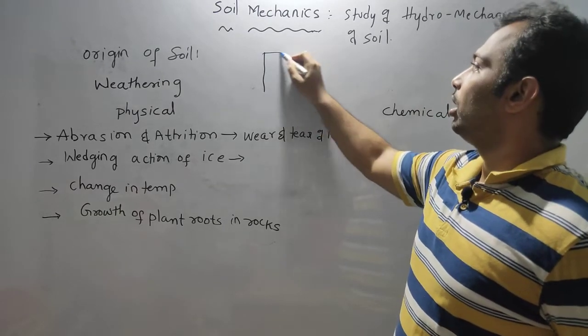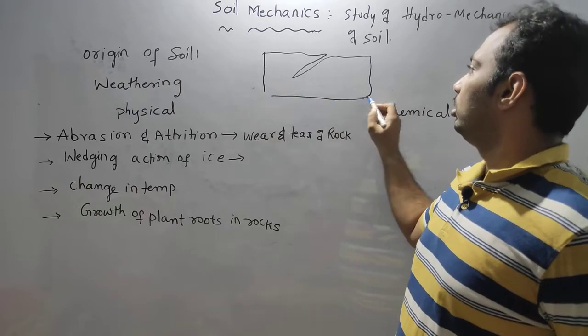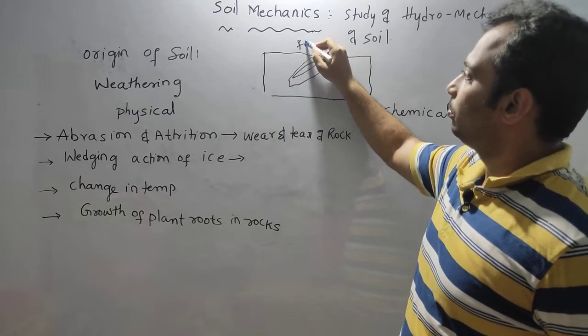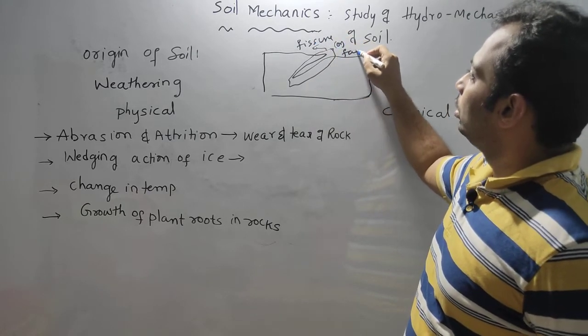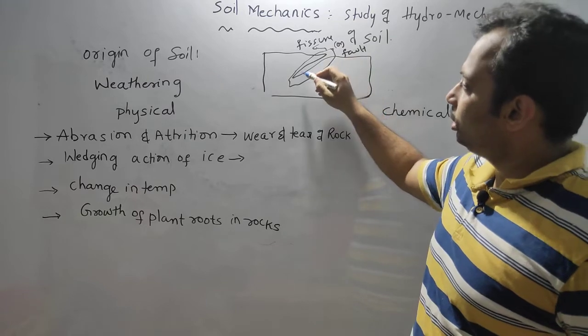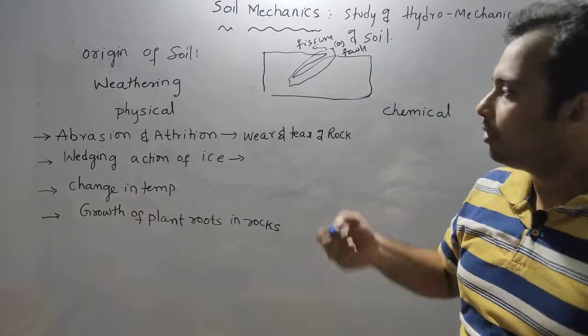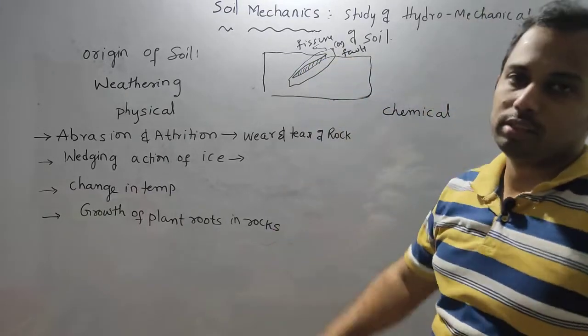For example, this is a rock. This is nothing but the fissure or fault. This is the location where, during the rainy season, the water may come and settle down in this gap.